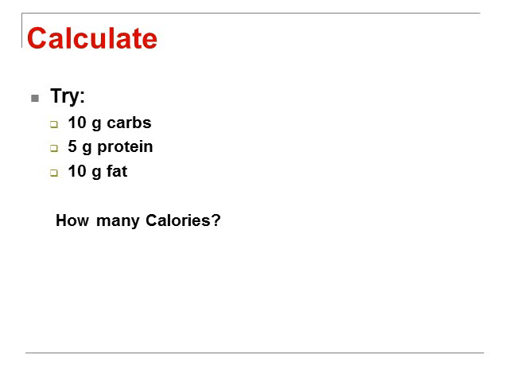So we would say 10 times 4, giving us 40 calories from the carbohydrates. We would take that 5. We know that for every gram of protein we have 4 calories. So we would take the 5 times the 4, giving us a total of 20 calories from protein.